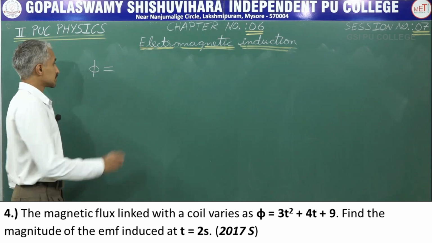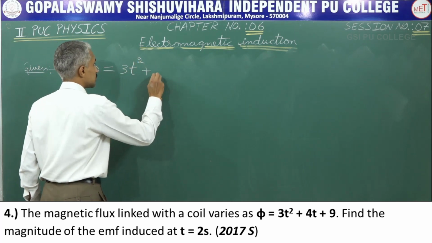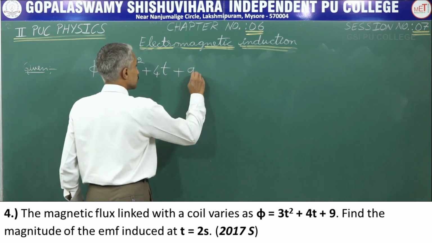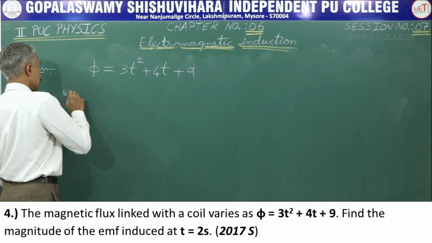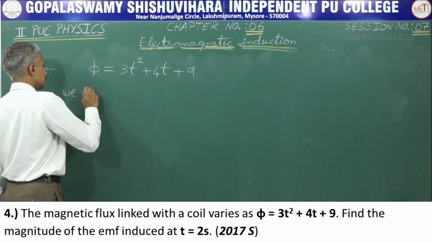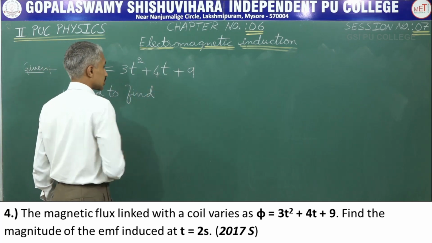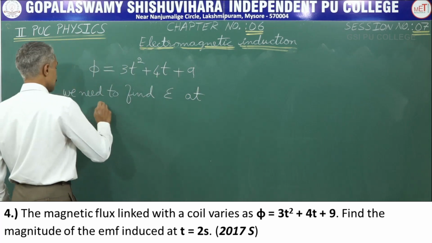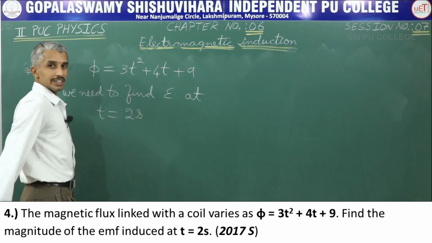So the equation is phi is equal to 3t square plus 4t plus 9. What are we supposed to find? We need to find the EMF induced at time t is equal to 2 seconds.